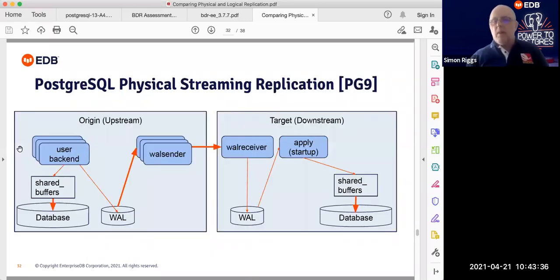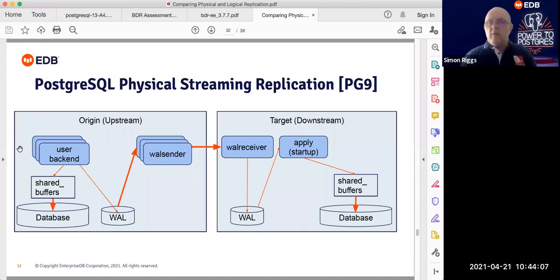So physical streaming replication has an architecture like this. We make changes on the origin, and that writes transaction log or WAL data to a file, which is then read by the WAL sender process, and that data is then sent across the replication link to the downstream server, where it's picked up by the WAL receiver process and then written to the WAL file again on the other side.